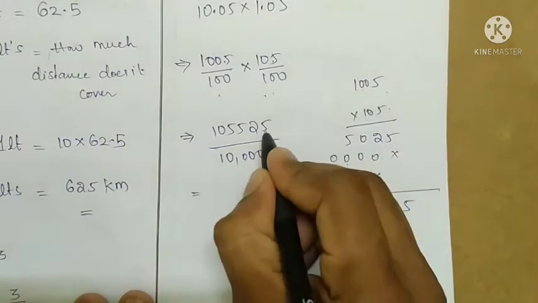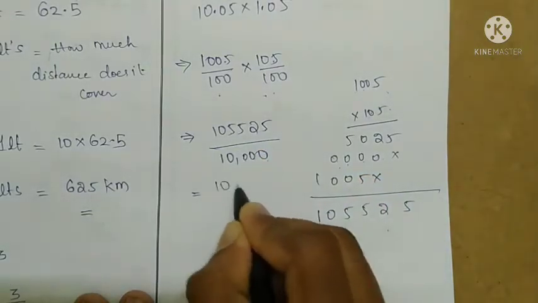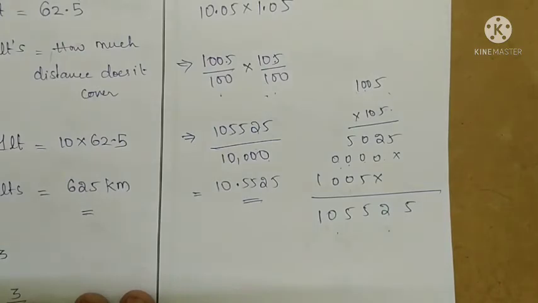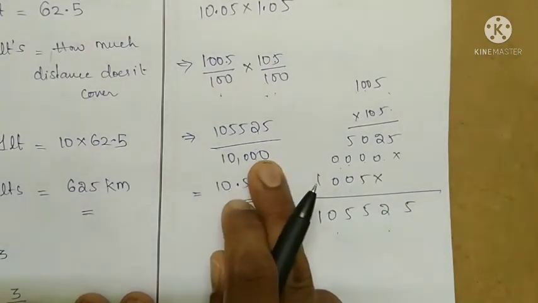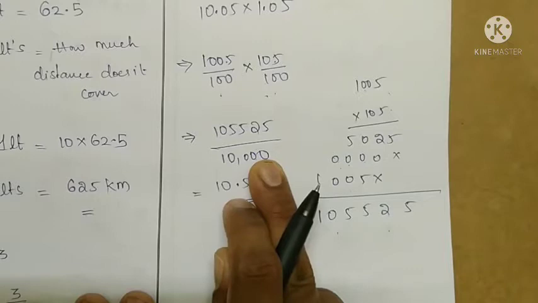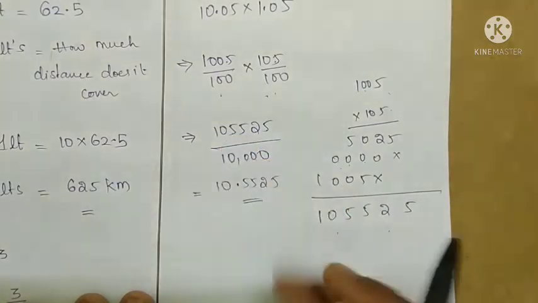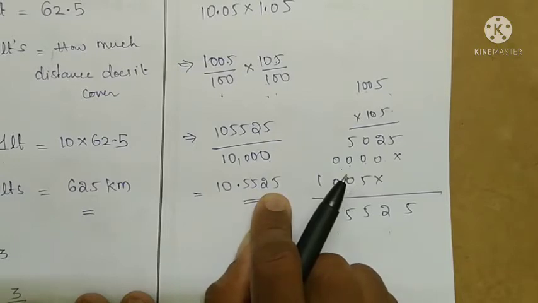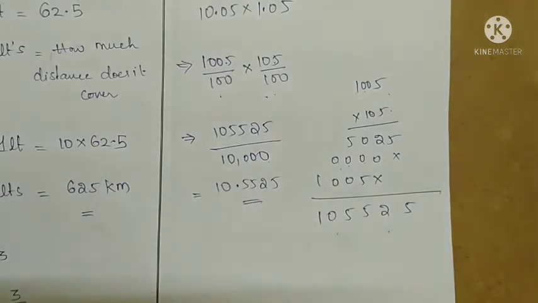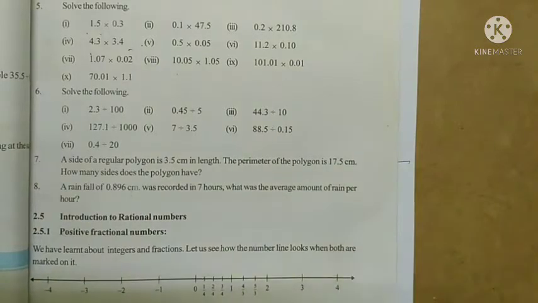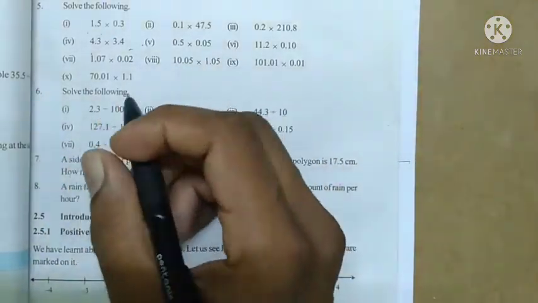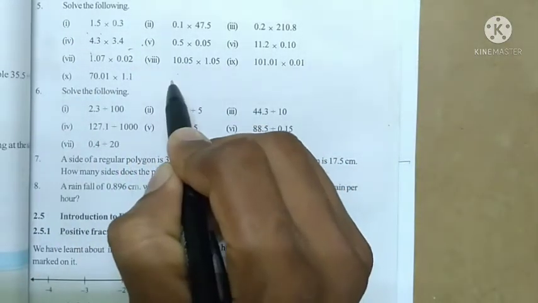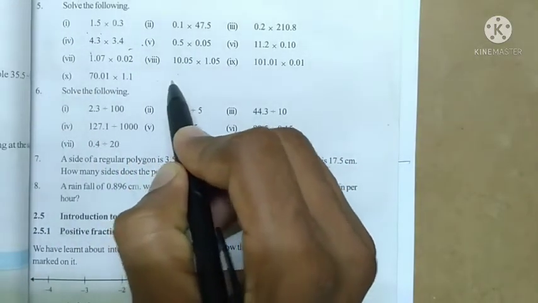So denominator is 10,000. How many decimal points we can get? So 4 decimal points, right? So here 4 decimal points are 5525, so 10.5525 is your final answer. Okay, my dear. In this fifth Roman, remaining questions as your homework. Okay, right.